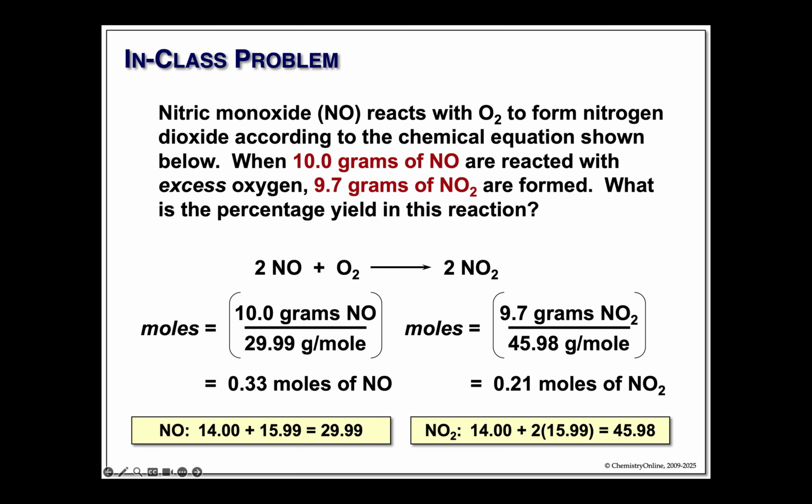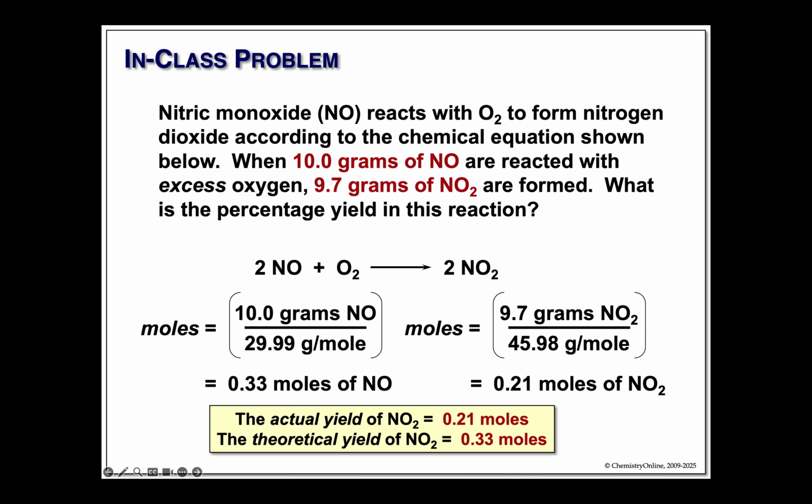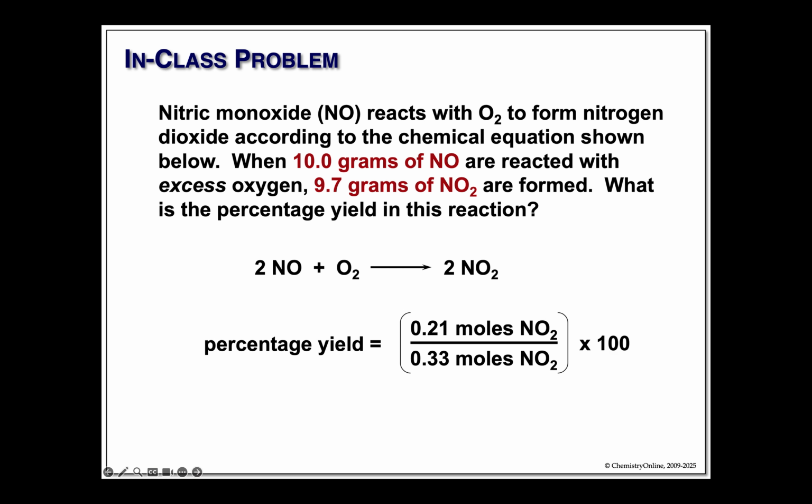We got 0.21. To calculate percent yield, actual divided by theoretical times 100. That's 63%.